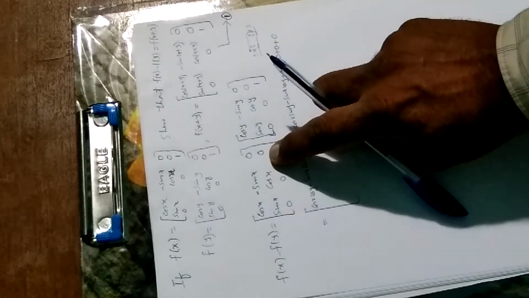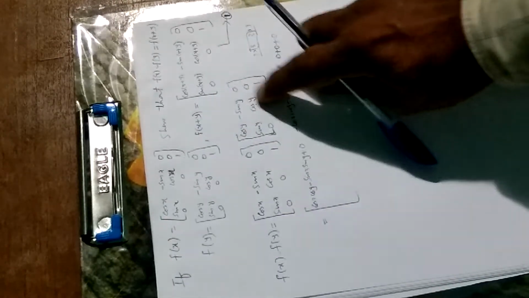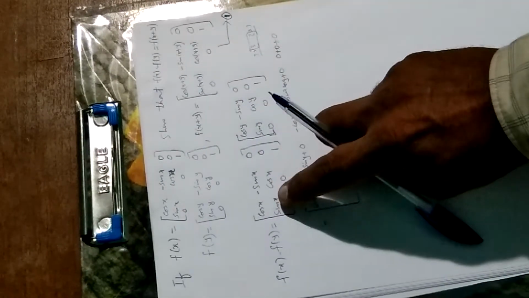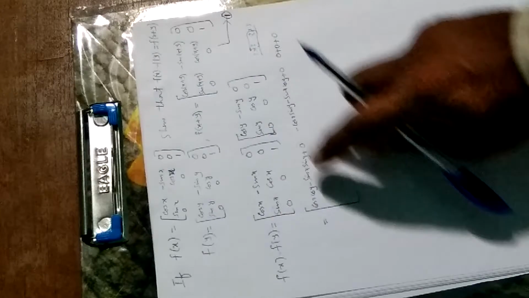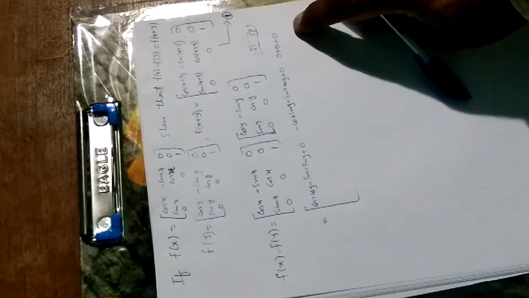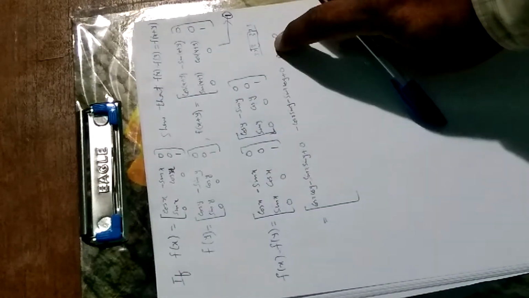Now second row. When we multiply by second row we will multiply all columns of this matrix: second row first column, second row second column, second row third column. Because we are multiplying by second row, we will write in second row. Now when we were multiplying by first row, we wrote in first row.